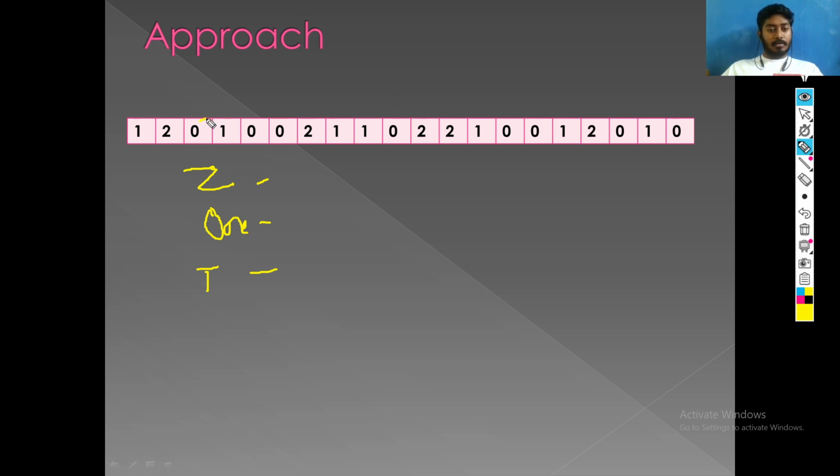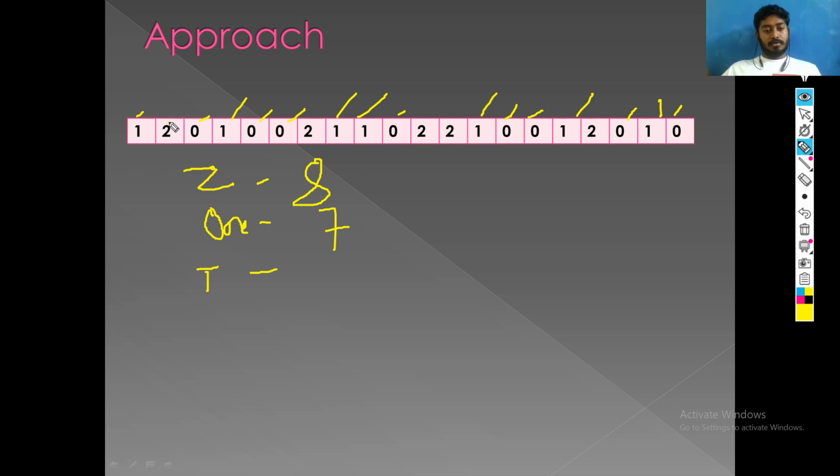We can see there are 1, 2, 3, 4, 5, 6, 7, 8: eight zeros. After that we count the ones: 1, 2, 3, 4, 5, 6, 7: seven ones are there.